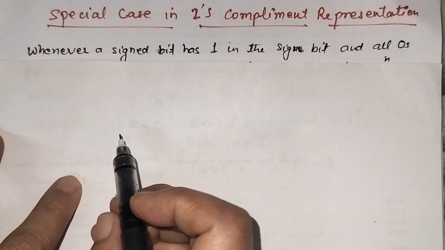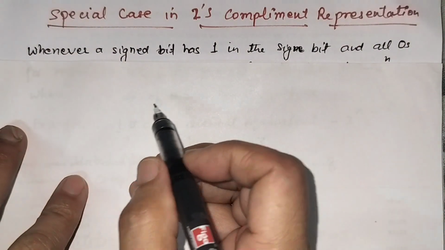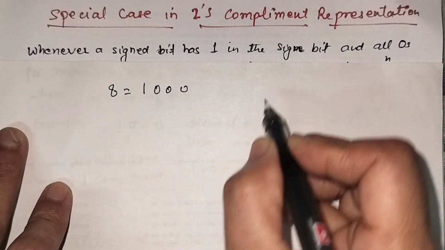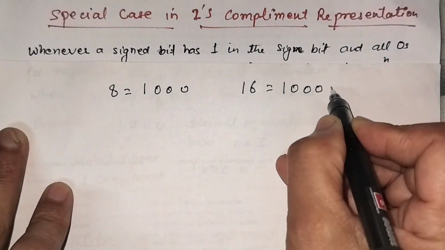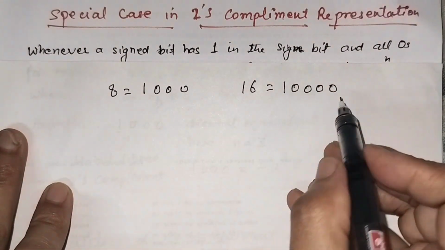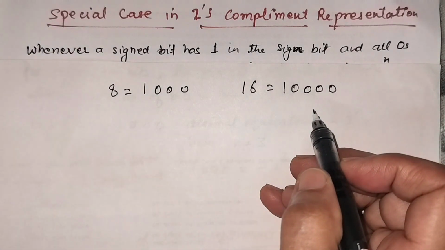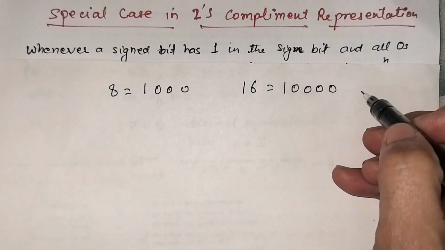There are various numbers in binary form which have 1 as the most significant bit and the rest zeros, like 8, which is 1 0 0 0, and also 16, which is 1 0 0 0 0. When we represent these types of numbers in negative form, the 2's complement is the same.